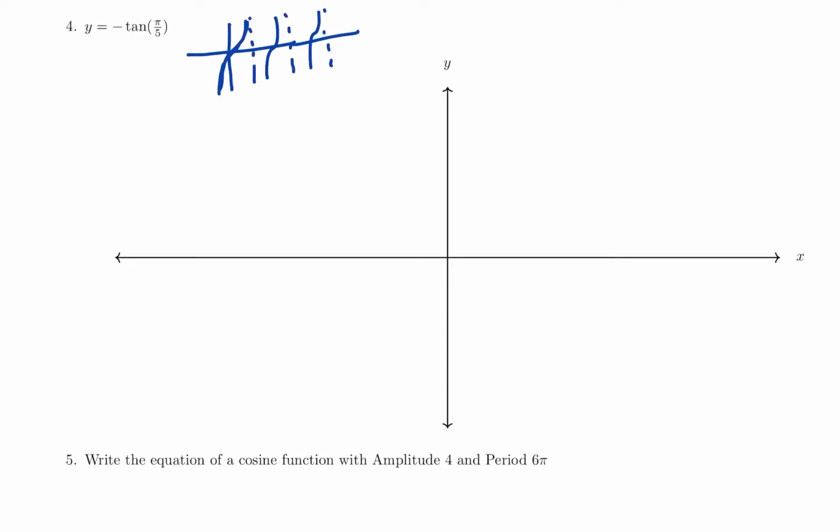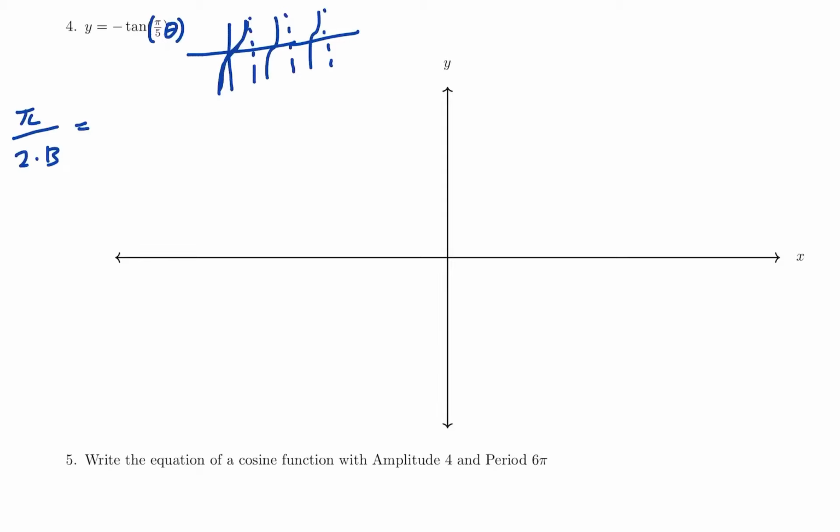For the domain of tangent, we have to exclude some values. So pi over 2 divided by b. Let's find this number first. Sorry, this is a typo.